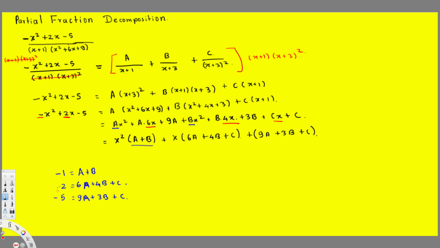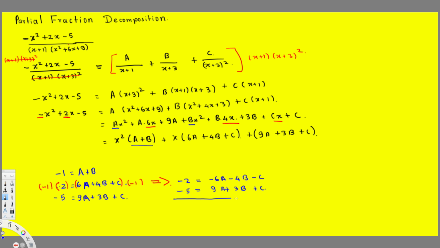So I'm multiplying this whole thing by negative on both sides. Negative 1 this side, negative 1 this side, the whole thing. If I do that, I will end up with minus 2 is equal to minus 6a minus 4b minus c, and in the bottom we have minus 5 equal to 9a plus 3b plus c.